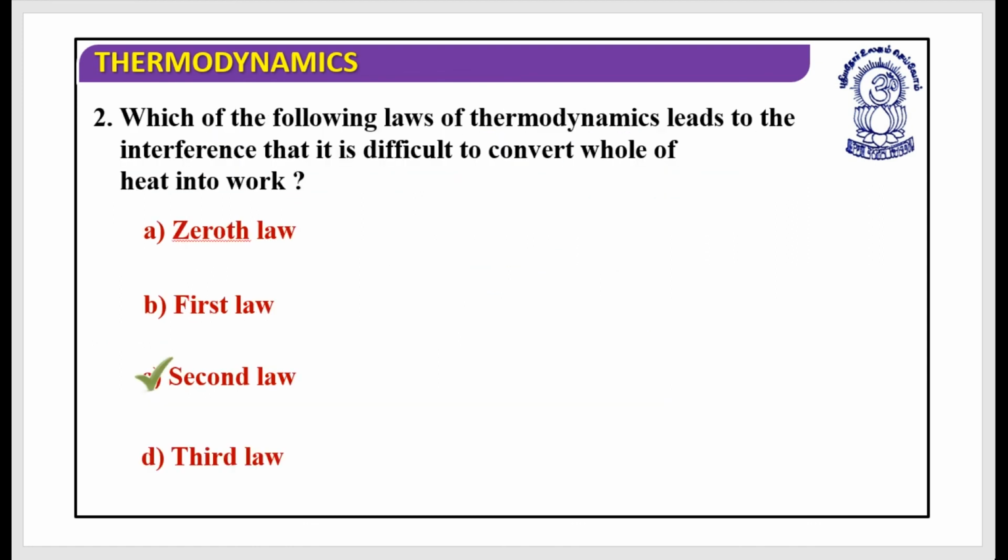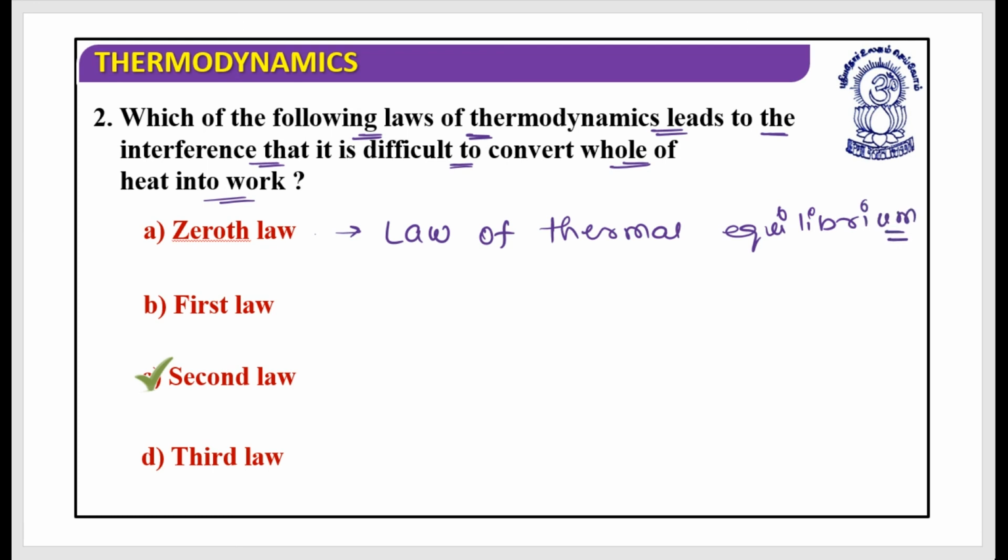Let's look at the second question. Which of the following laws of thermodynamics leads to the inference that it is difficult to convert whole of heat into work? Zeroth law is basically the law of thermal equilibrium, which defines what temperature actually is.